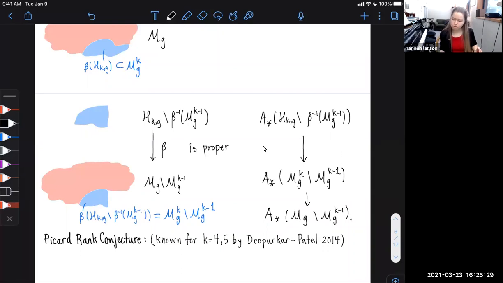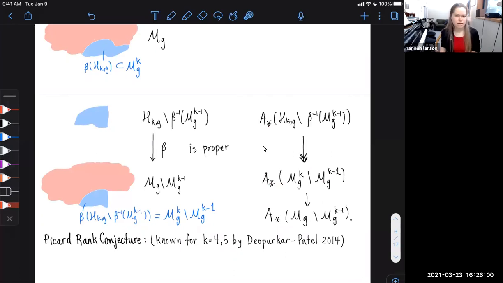And I'm working here with rational coefficients. So this first map from the Chow groups of the source onto the image is surjective. So if we want to show that all the classes supported on M_G^K are tautological, we just need to understand all classes upstairs on the Hurwitz space and show that they push forward to tautological classes.